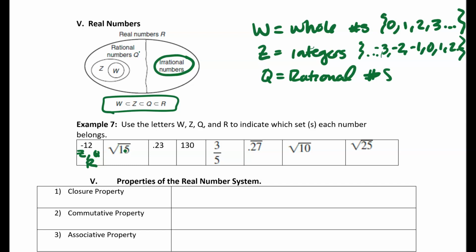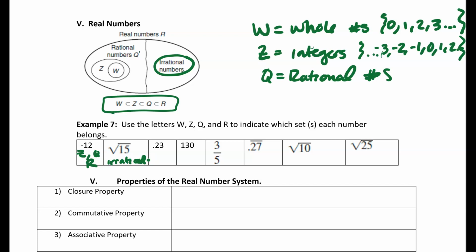Okay, the square root of 15. So 15 is not a perfect square. So if I put that in a calculator, I'm going to get a decimal that doesn't repeat and doesn't end. So since that's the case, this is going to be an irrational number. I don't think I put a letter for that, so I'm just going to write irrational. I've got to go fix that.